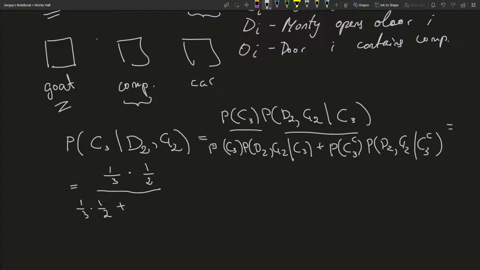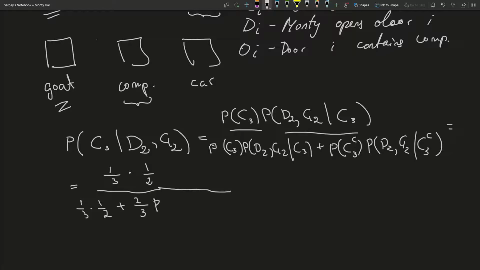Now what is the probability that the car is not behind door 3? That's 2/3. And now we want to know, given that door 3 does not contain a car, what's the probability that Monty will open door 2 and reveal the goat behind it? Well, let's rewrite that expression the following way.